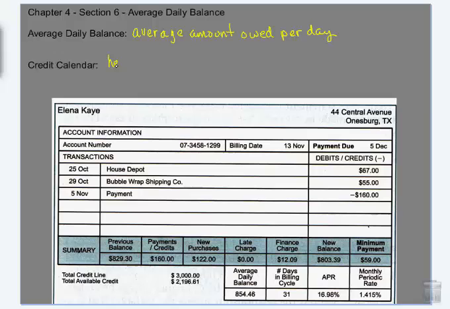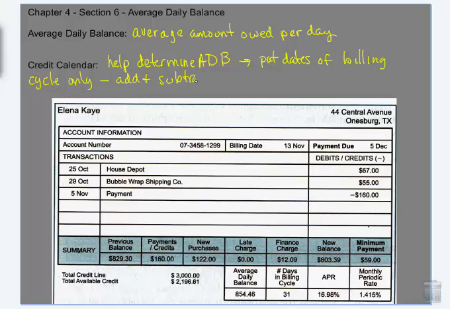This is what you can use to check your average daily balance. You put the dates on there, and then you add and subtract and have your running balances.